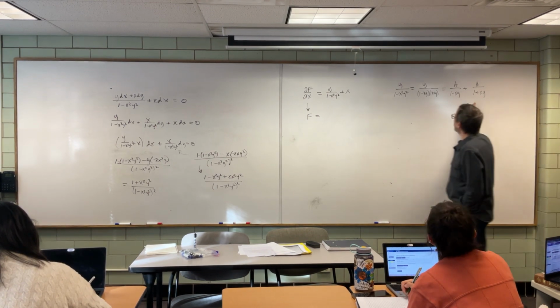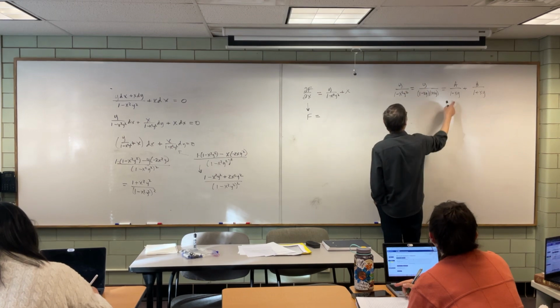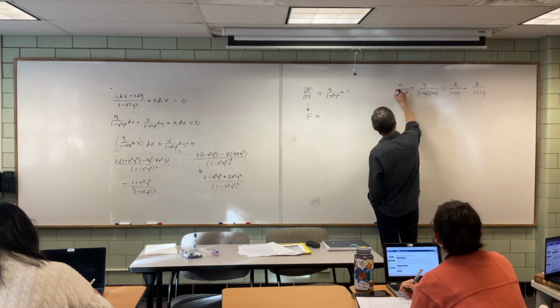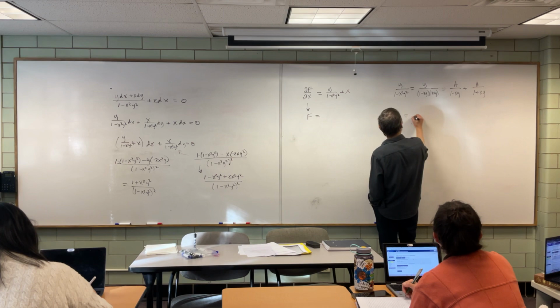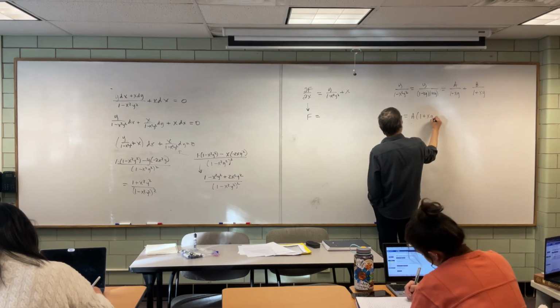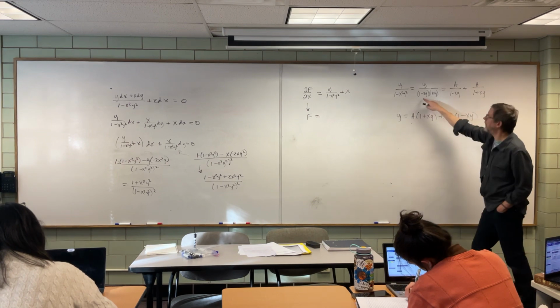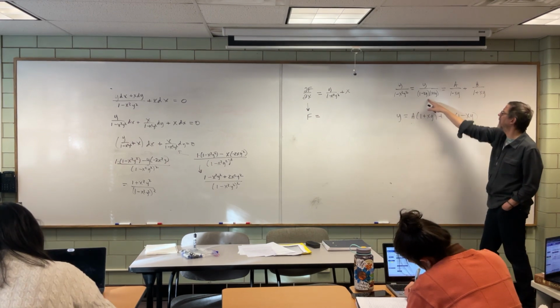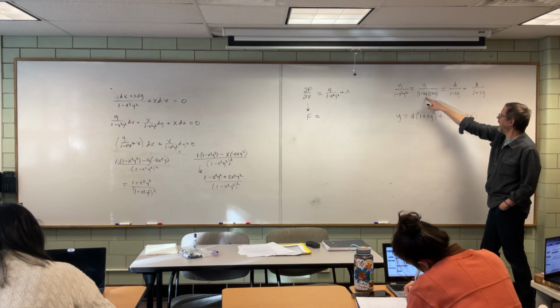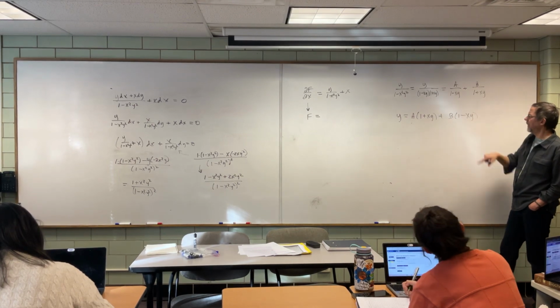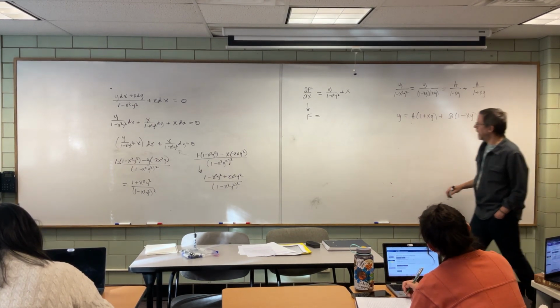So for partial fractions, this is a constant on top. To do partial fractions, I multiply through by the denominator, and the appropriate things will cancel. This is a difference of squares factorization. So this one cancels here, this one cancels here, and I'm left with the other.